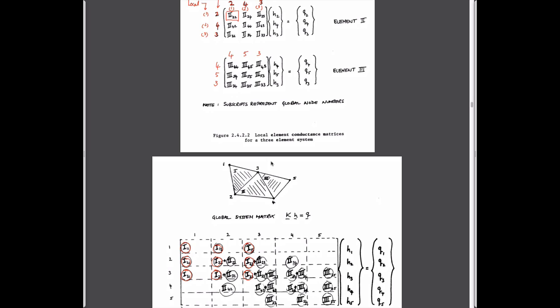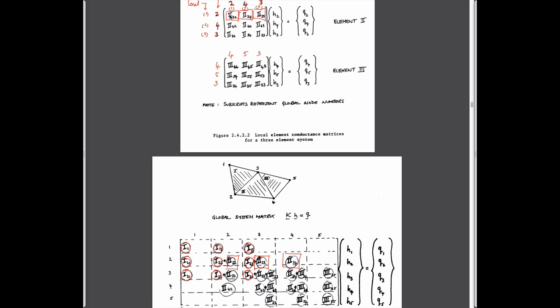So 2, 2 is going to go exactly here. 2, 4 will be on the same row, and it will be here. And 2, 3 will be on the same row, and it will go right here.